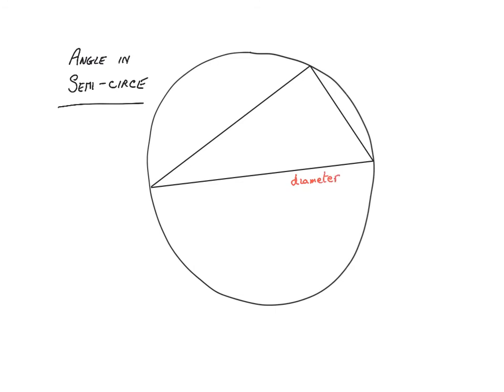Because we know, don't we, that if we were to take a chord down here and join it to the center, we'd get an isosceles triangle, and this would be the angle we'd be interested in.